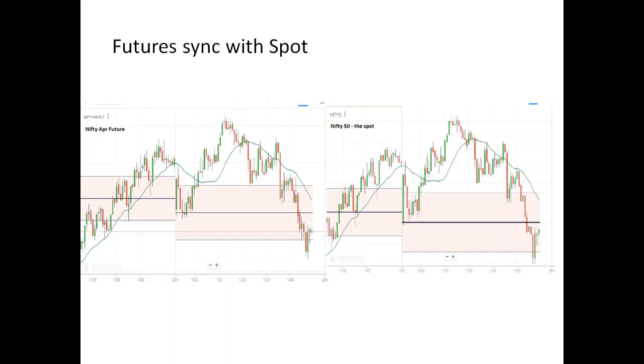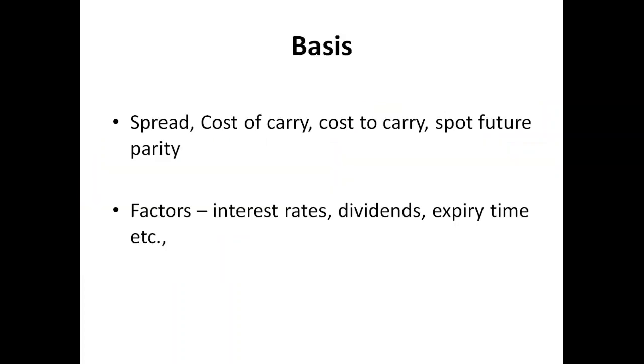But as I explained in earlier videos, their figures will be different. The prices will be different. The difference between future and spot price is called basis, or spread. You must have heard about terms like cost of carry, spot future parity. All are related to this basis.